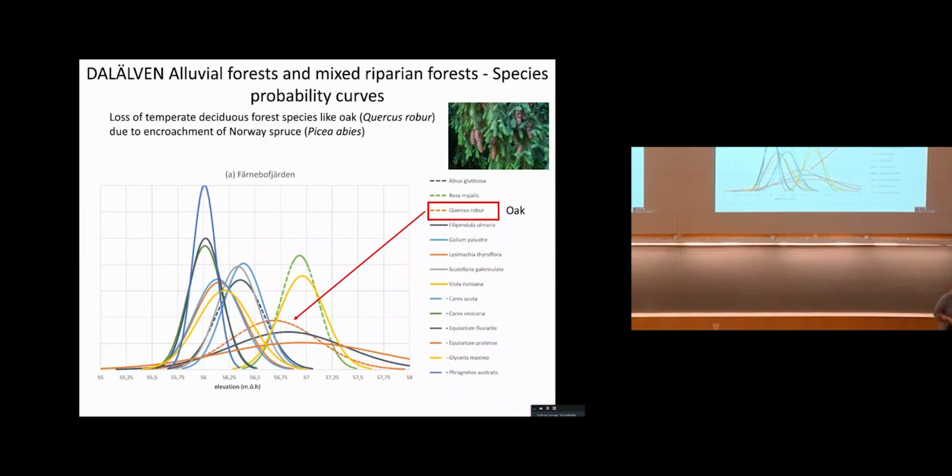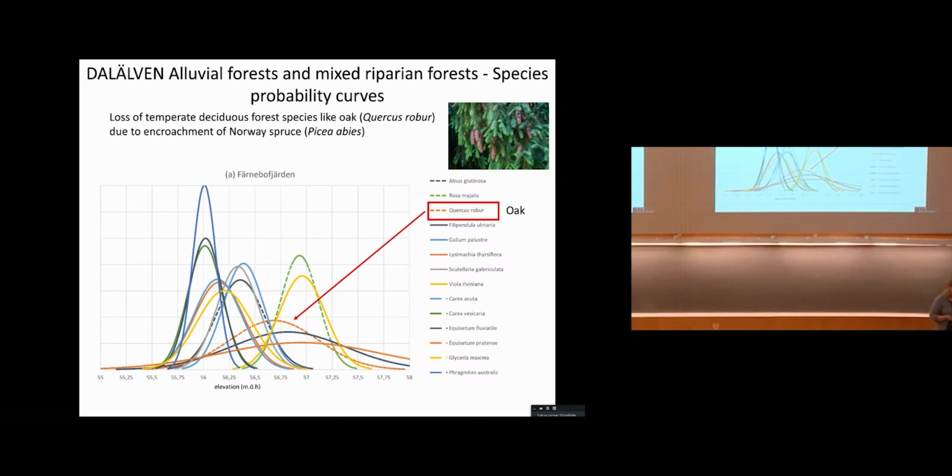This is from the mixed riparian forest, and I'm just showing this to show that we work in the same way. We make these probability curves of where different species occur. And the problem here is that we lose typical deciduous species like oak, for example, and get encroachment of Norway spruce.